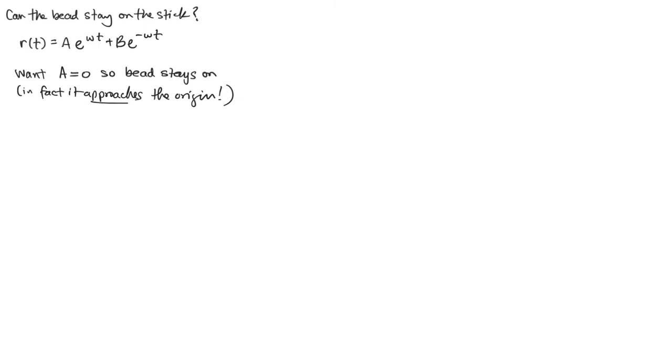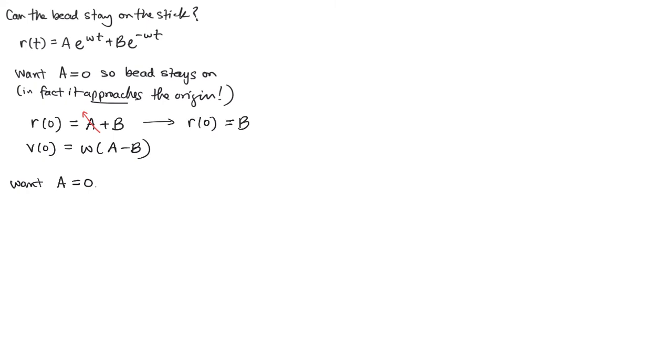Well, we can look at our initial conditions. Remember that r at t equals 0 is a plus b, and v at t equals 0 is omega times a minus b. We solved this already. And we want a equals 0. From our position initial condition, if we set a to 0, we see that b is equal to r naught.